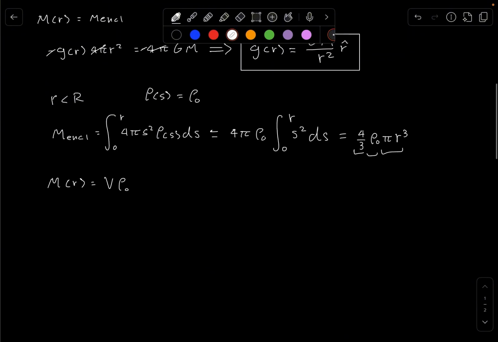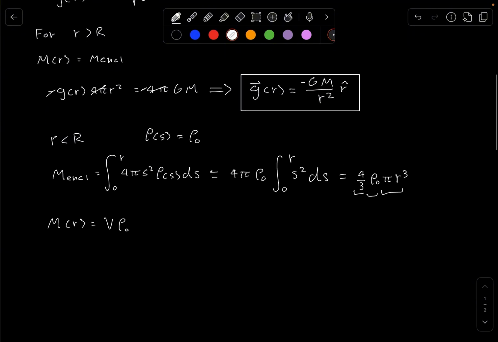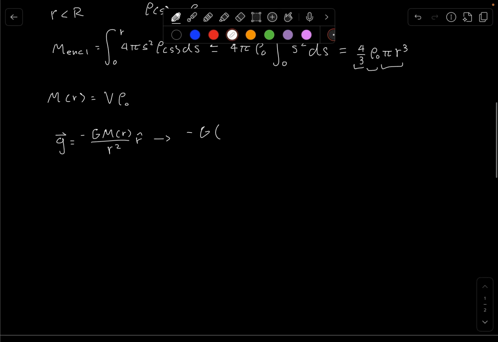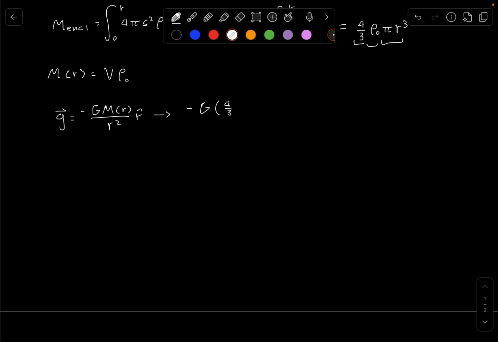So now we can set it up in our equation. We got up here that the gravitational field is equal to negative G, now it's m of r, all over r squared, r hat. And if we expand, we get negative G times 4/3 pi rho naught r cubed all over r squared, r hat.